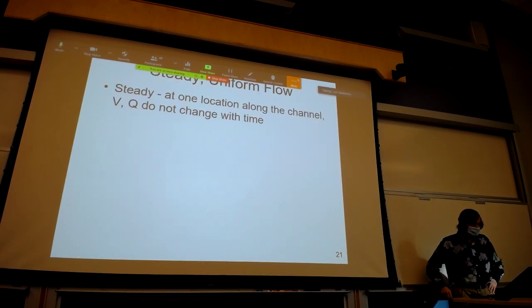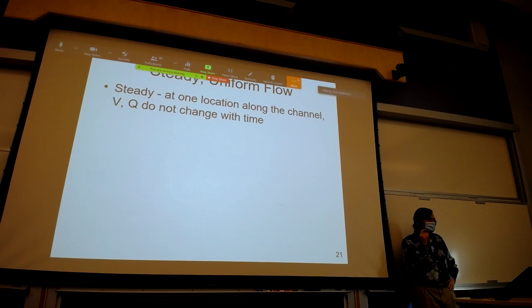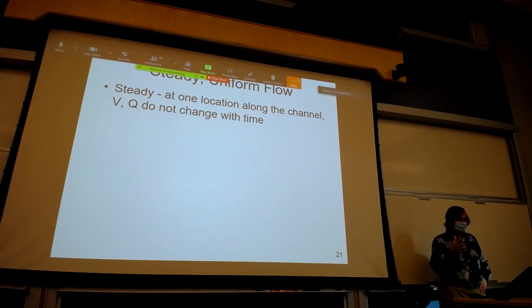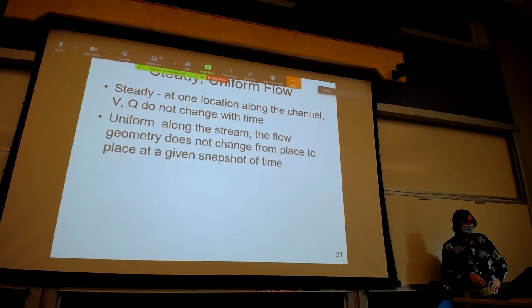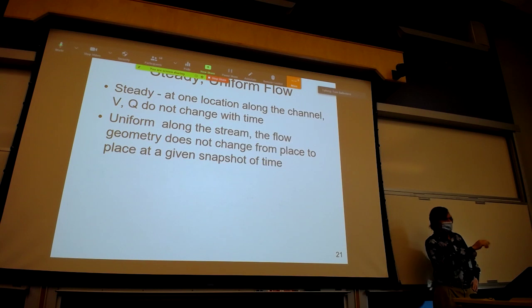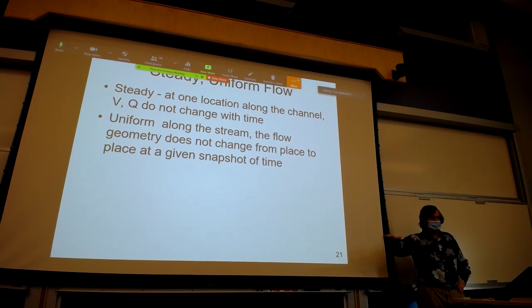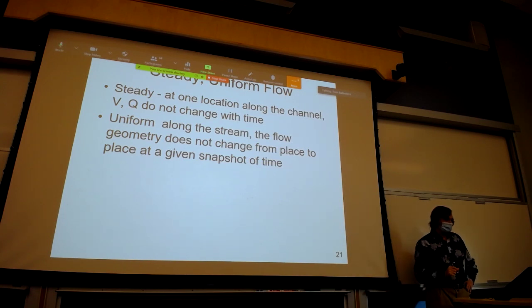So for steady uniform flow, again, what steady means is that at one location, the discharge is not changing, which means the velocity is not changing, and then by Manning's equation, the depth of flow, the cross-sectional area, they're all staying constant. Uniform flow, again, means that as you move along or downstream the channel, the flow geometry is not changing.